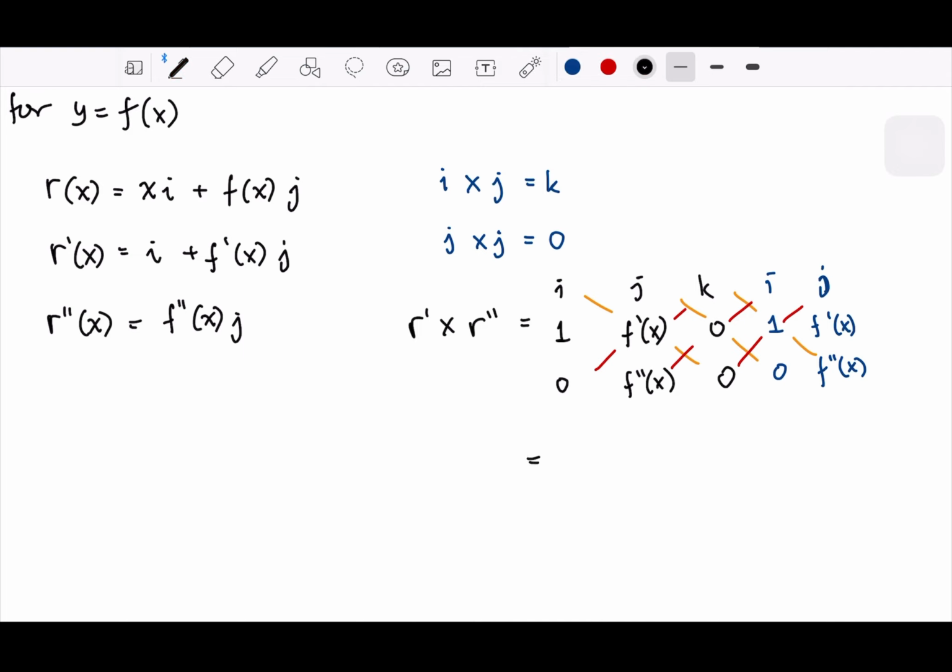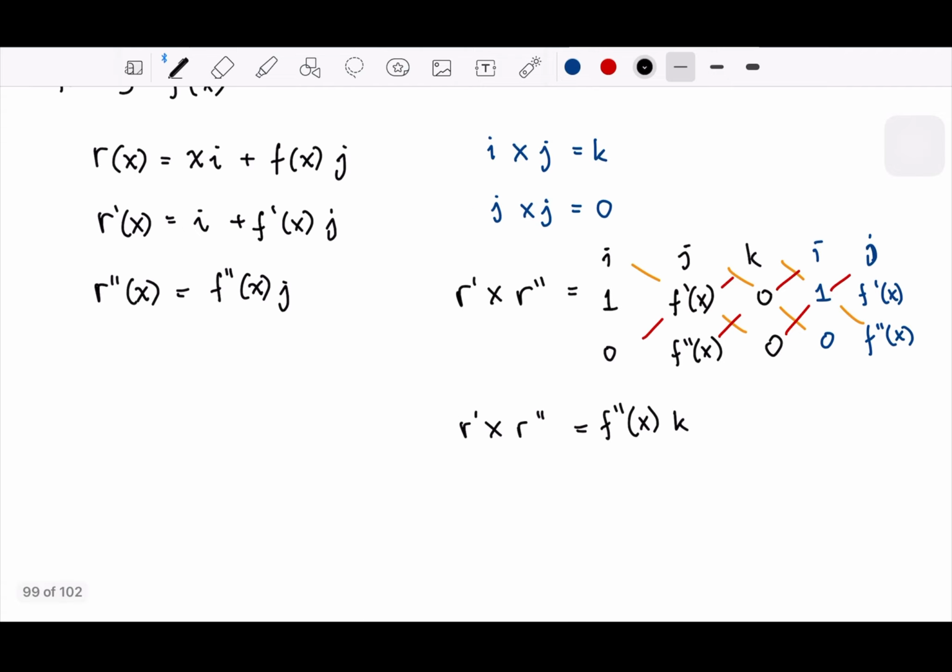So this will result in f double prime x. And then let me write here that the magnitude of the first derivative will be 1 plus f prime x. Don't forget to square.